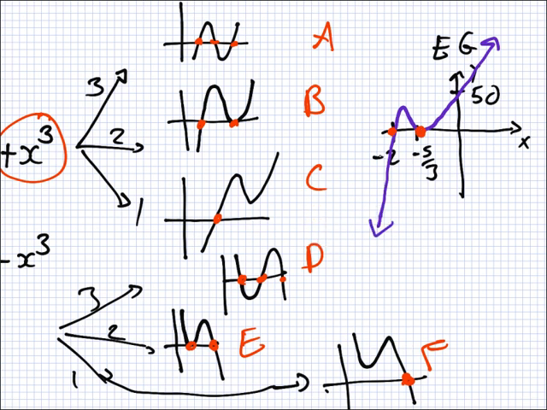So I could guess that the turning point is somewhere in between minus 2 and minus 5 over 3, isn't it? In fact, maybe it'll be exactly in the middle. But we haven't talked about that yet. We'll do that a little bit later. So can you draw these graphs, please?